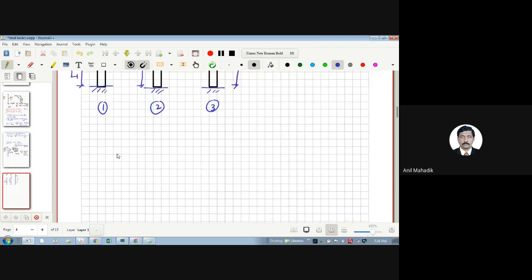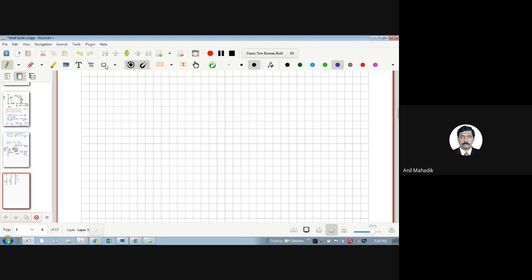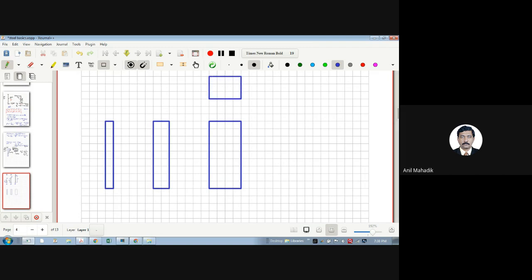Now, one more problem. Let's take all the lengths as same. This is the first case, this is your second case, and this is your third case. We have a compression, same force, let's say 10 kilonewton or whatever you assume.